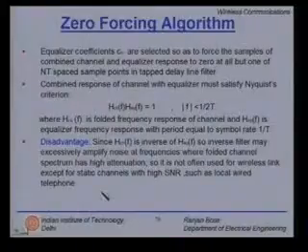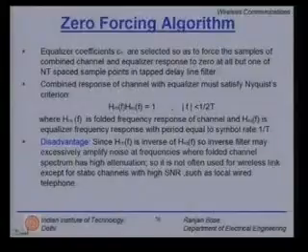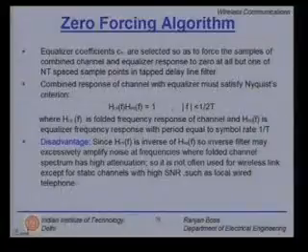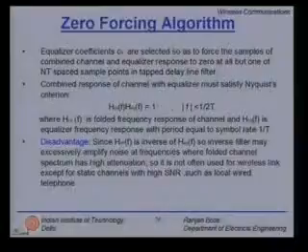First, let us talk about the zero forcing algorithm. Here the equalizer coefficients c_n are selected so as to force the samples of the combined channel and equalizer response to 0 at all but one of the nT-spaced sample points in a tapped delay line. What does it mean?